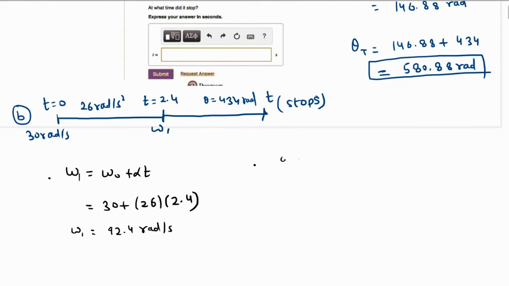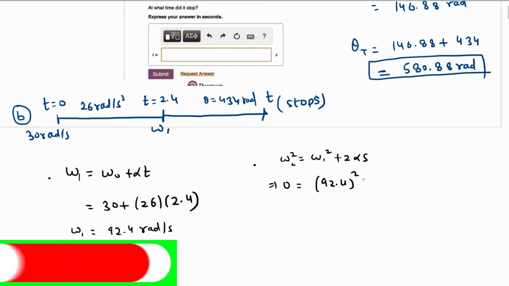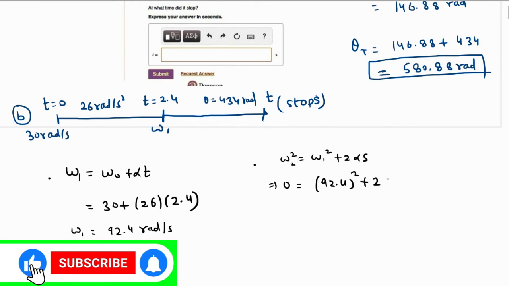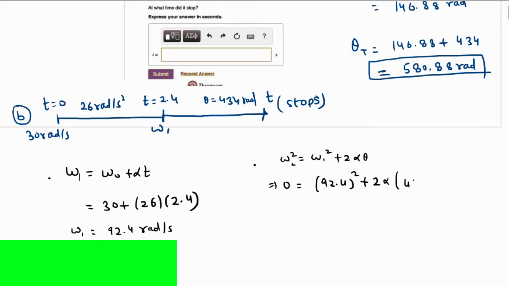So we use the third equation of motion, that omega 2 squared is omega 1 squared plus 2 alpha s. Omega 2 is 0, omega 1 is 92.4, alpha is unknown, s is not actually s, it is theta. Theta is 434. So let me just rearrange.